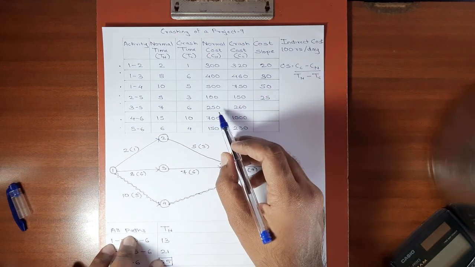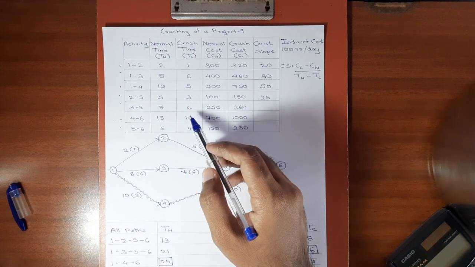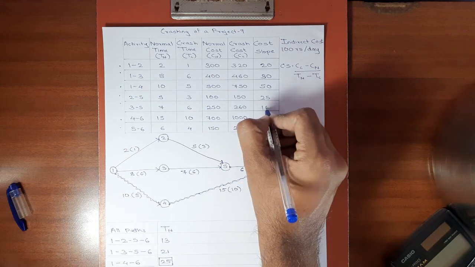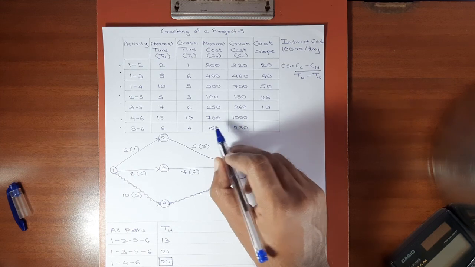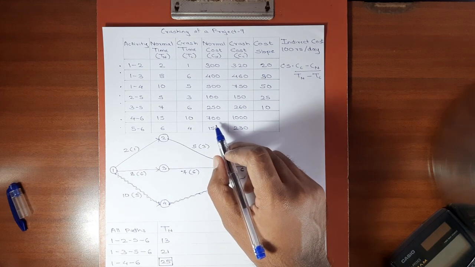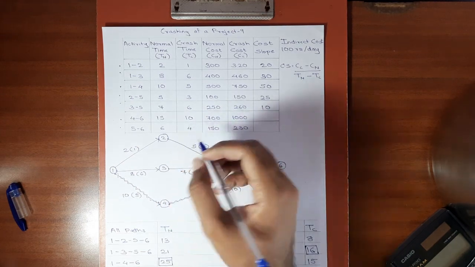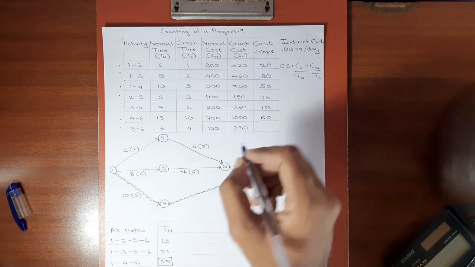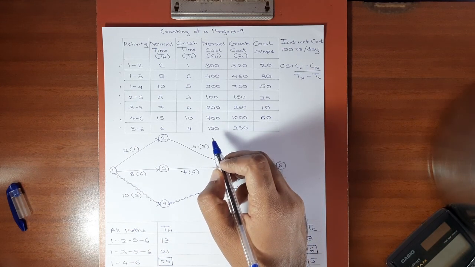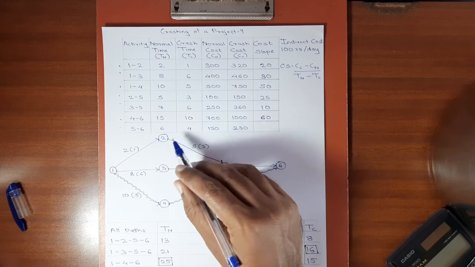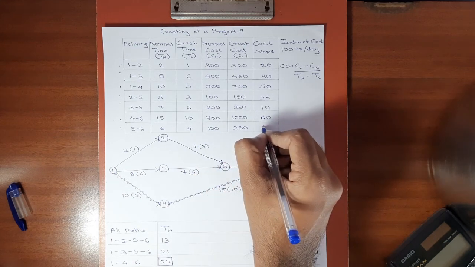260 minus 250, answer is 10. 10 divided by 7 minus 6 is 1. So 10 divided by 1, the cost slope is 10. Next is 1000 minus 700 is equal to 300. 300 divided by 15 minus 10 is 5. 300 divided by 5 is 60. 230 minus 150 is equal to 80. 80 divided by 6 minus 4 is 2. 80 divided by 2, we get the answer here, 40.